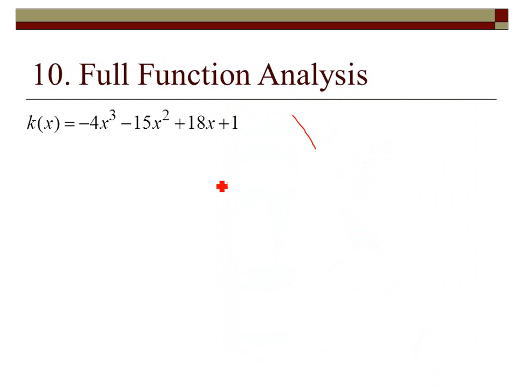Okay, so now this one right here, we're going to take this derivative. I got negative 12x squared minus 30x plus 18. 6 goes into all of these, but I'll factor out a negative 6 to make it a little bit easier. Okay, 2x squared plus 5x minus 3. If I do 2 times 3, I get 6. So two numbers that multiply to give me negative 6, but add to give me 5.